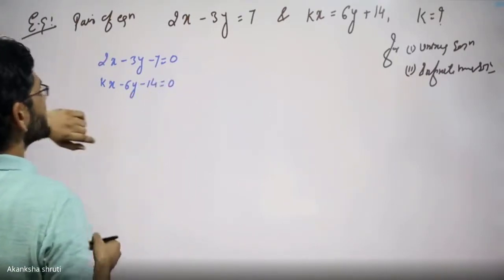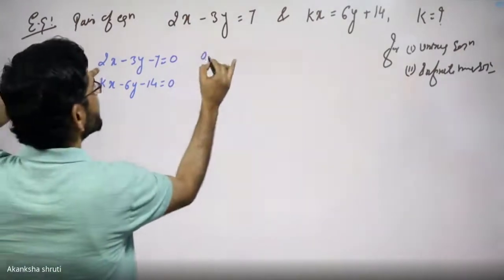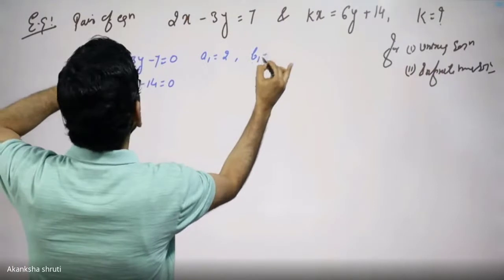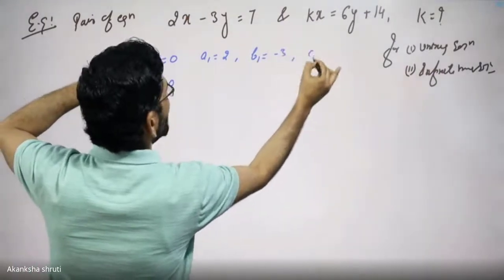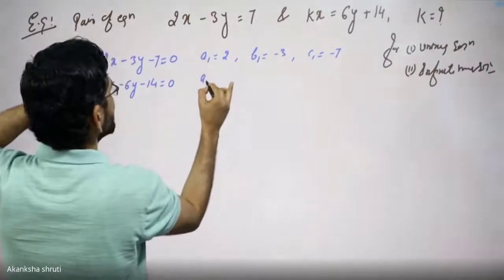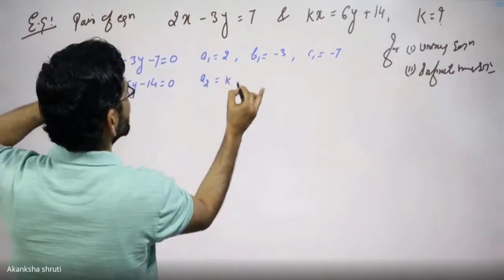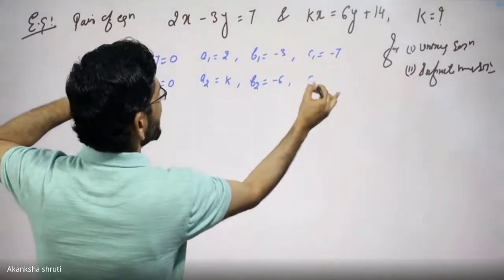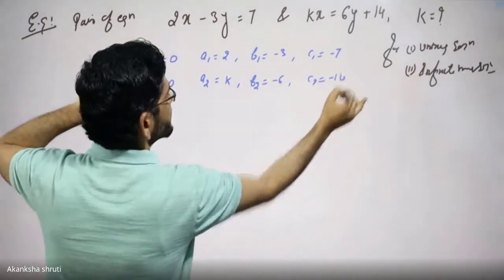From here we get a1, the first equation, is 2, b1 is minus 3 and c1 is minus 7. a2 is k, b2 is minus 6 and c2 is minus 14.